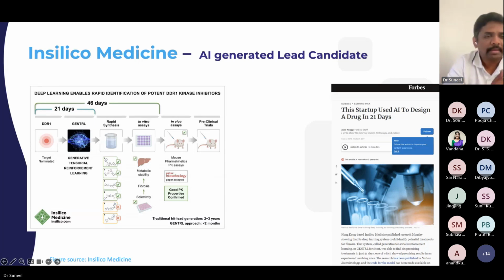Overall, I think they tested 45 compounds, if I'm not wrong, within a span of 46 days, completing designing, testing, synthesis, and all the in vivo and in vitro studies. It took hardly less than 2 months, whereas a traditional process takes 5.5 years and $800 million. Here, they spent hardly less than $1 million. We can see the success.